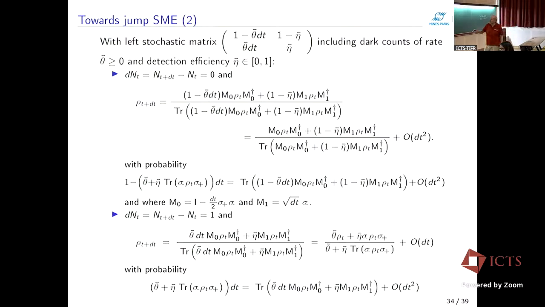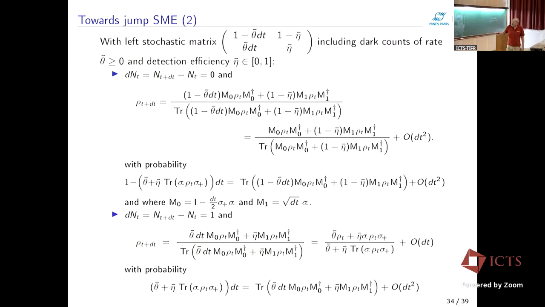So what you obtain is this. I take no click: I have M0 and M1 here. So I take 1 minus theta bar dt times M0 rho M0 dag, plus this coefficient times M1 rho M1 dag, and divide by the trace and so on.